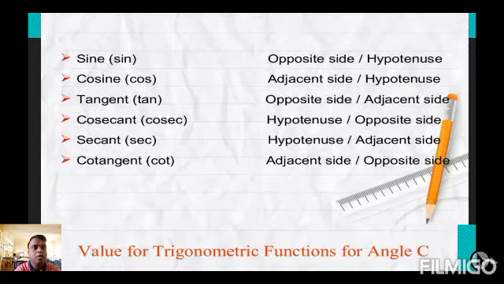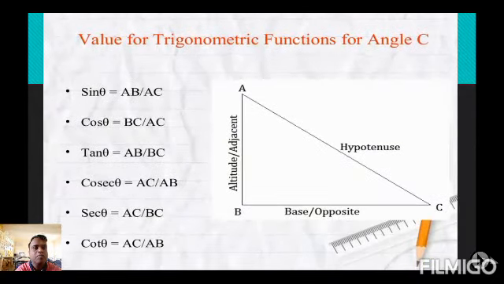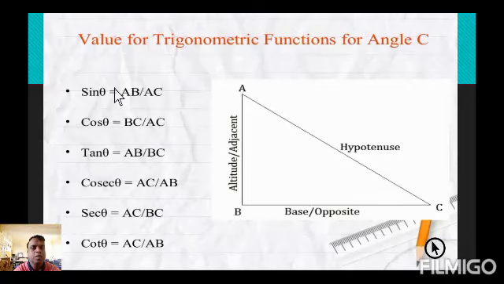Next we move to the values of trigonometric functions for angle C. Here B is 90 degrees. Using angle C, AC is the hypotenuse, AB is the adjacent side, and BC is the opposite side. So, sin theta equals AB by AC.